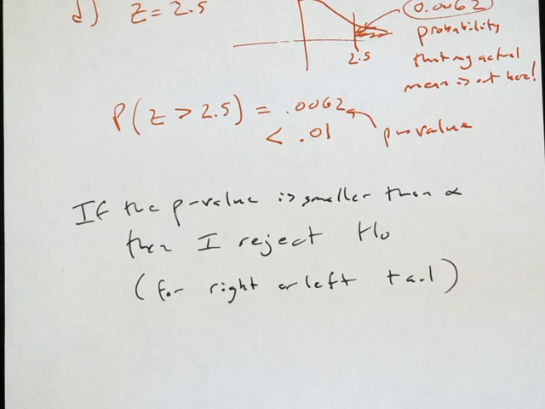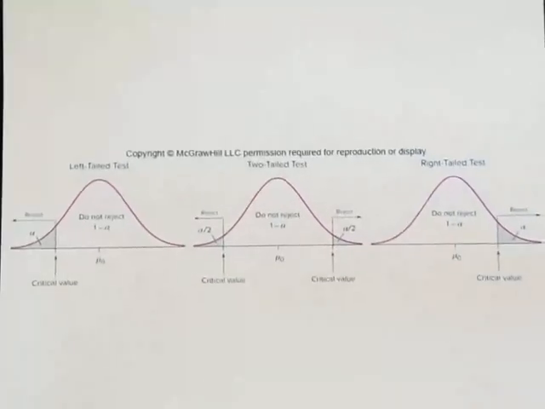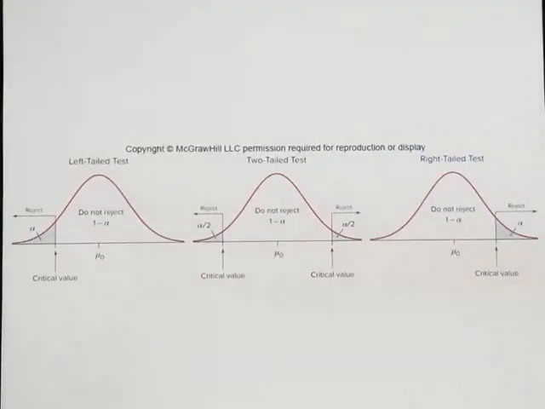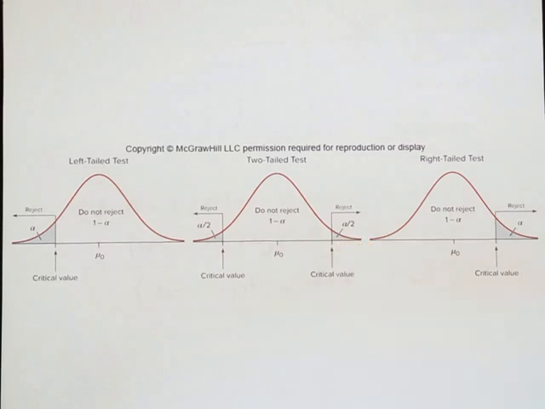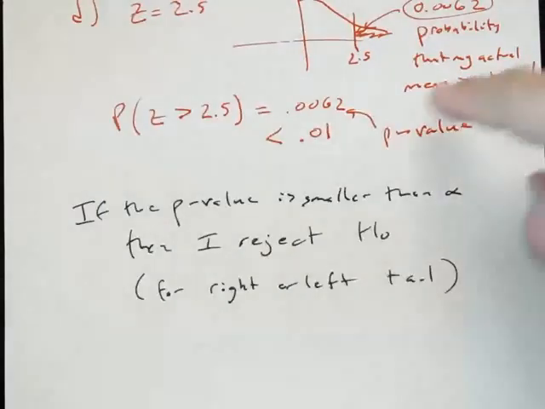Think about the picture for the two-tail. What do you notice about the areas shaded in the two-tail? It's alpha over 2, not alpha. So the easiest way to do that is to double this number instead.